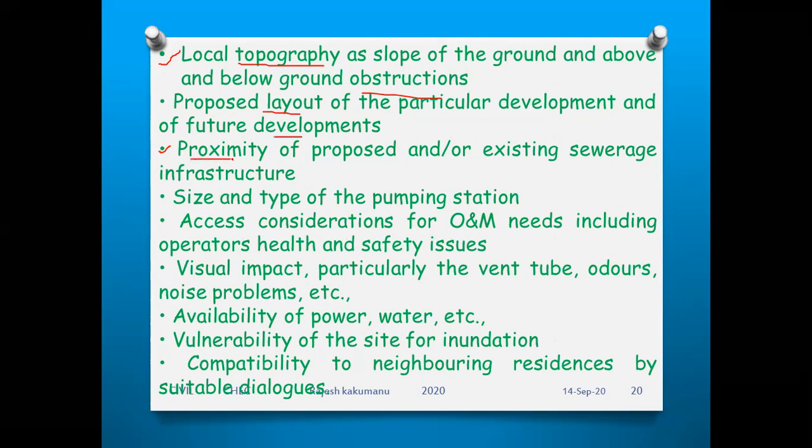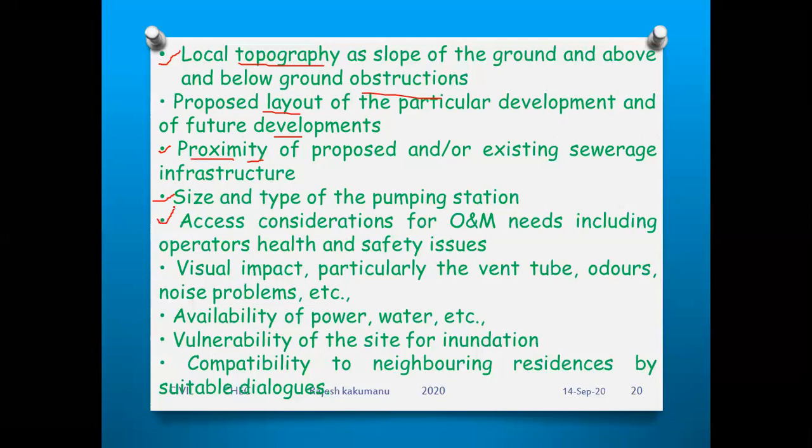There should be a nearby distance to where you are constructing or to the existing sewage infrastructure. Size and type of pumping station. You have to see the design consideration: what is the size of the pumping station, and what is the type of pumping station, dry weather or wet weather. So like this, you have to see all the criteria. Next one.